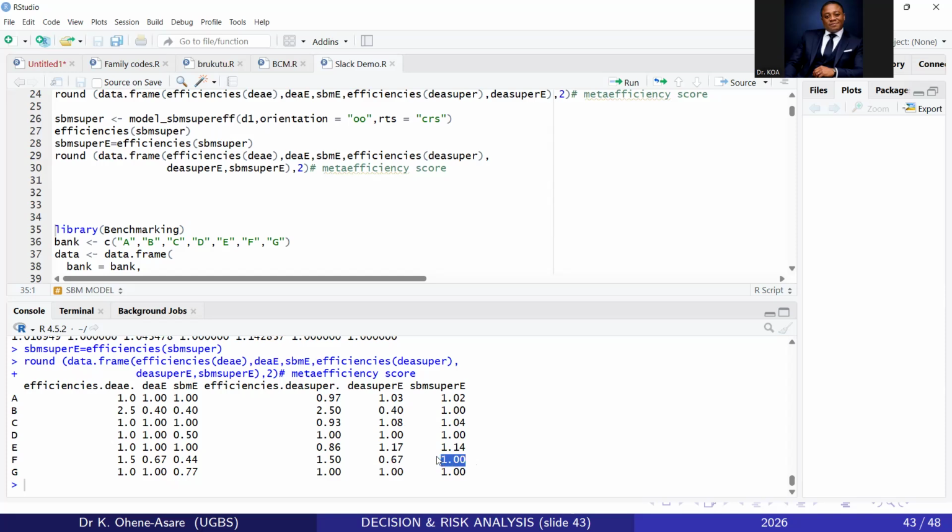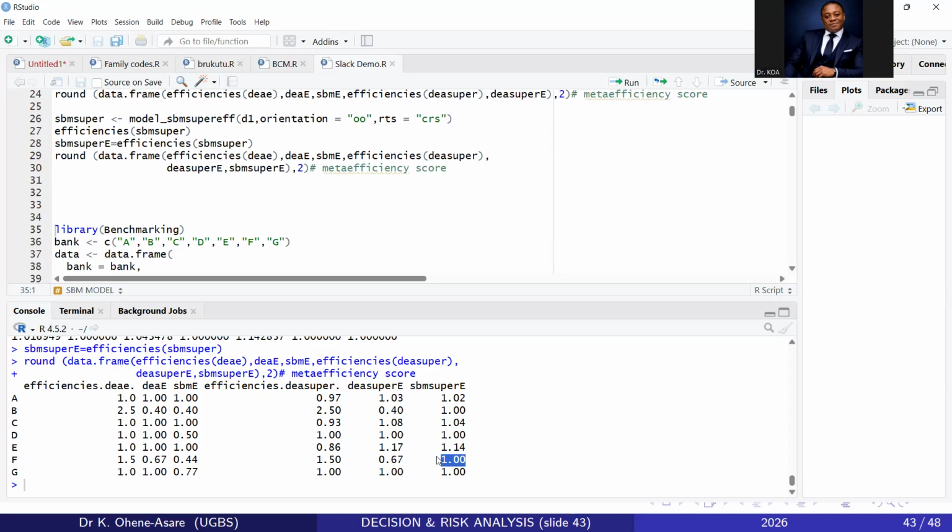So what is happening? What are you observing? You're observing that the inefficient firms are made efficient, whereas the super efficient firms are not made too super efficient. Do you see that? This is an important observation for SBM super efficiency.